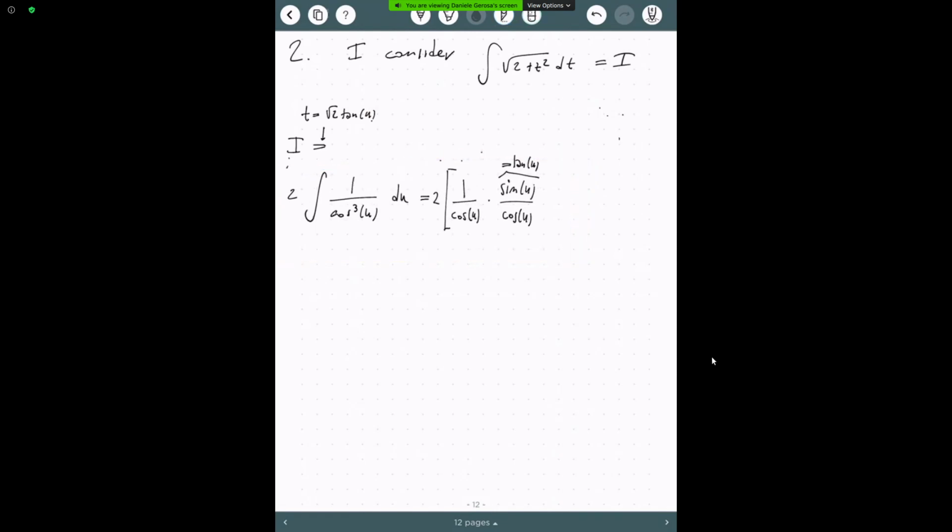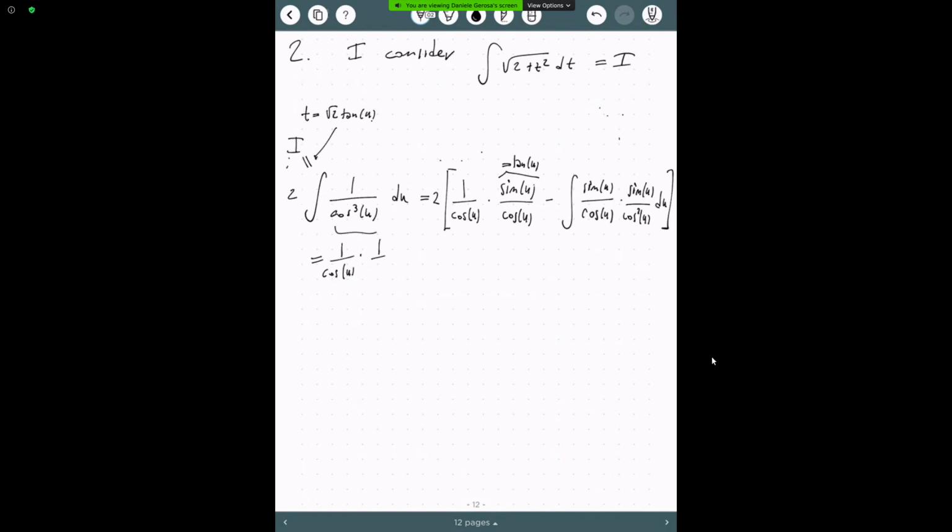Now I can do some integration by parts. So this is going to be 2 times 1 divided by cosine of u times tangent of u, which is sine of u divided by cosine of u, minus the integral of sine of u divided by cosine of u times sine of u divided by cosine squared of u in du. This is by parts, because I see the cosine to the power of 3 as 1 divided by cosine of u times 1 divided by cosine squared of u.